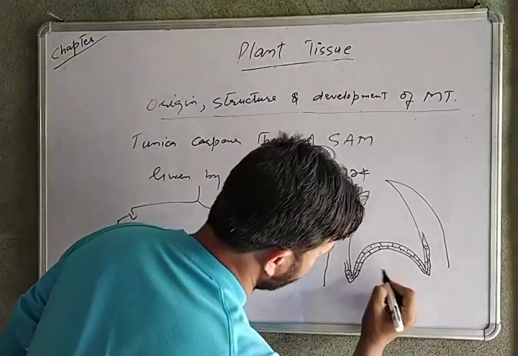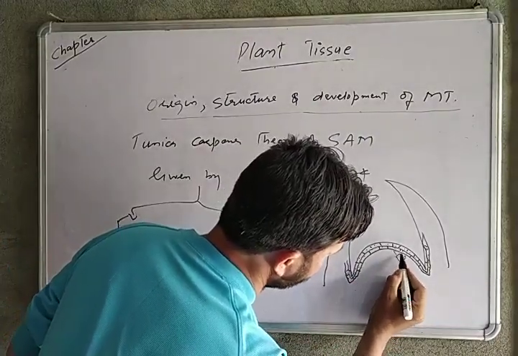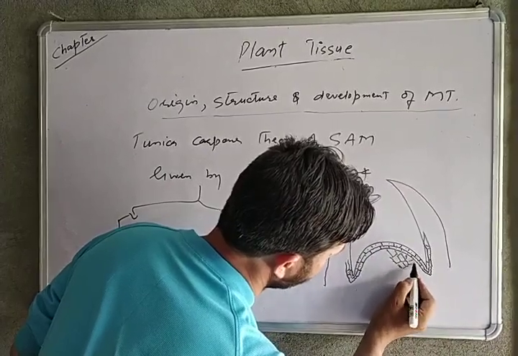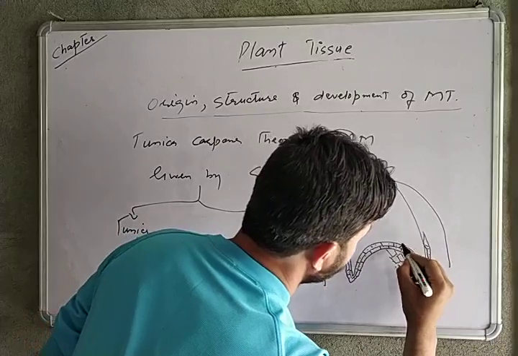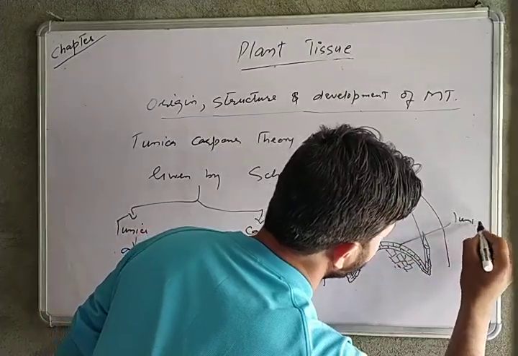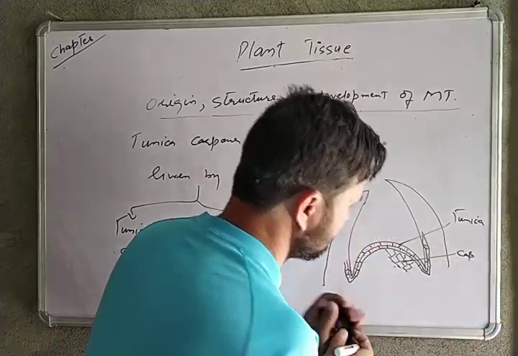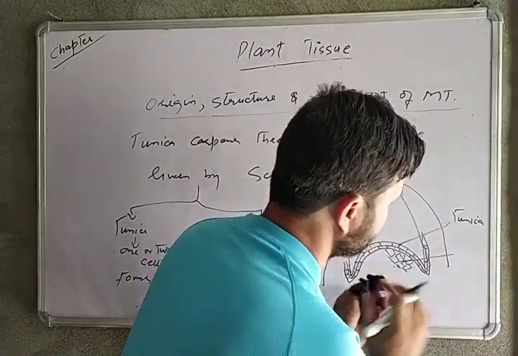And the rest of the cells, which I am just going to show you. This is tunica. These are corpus cells.